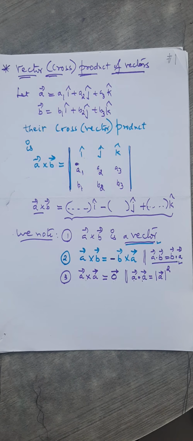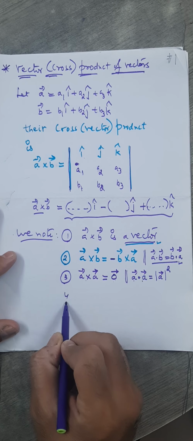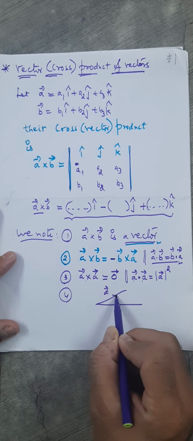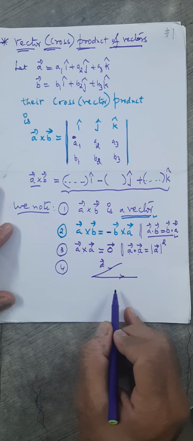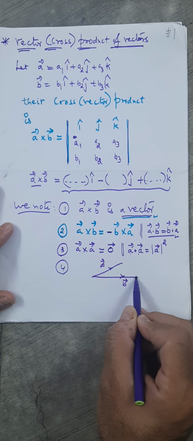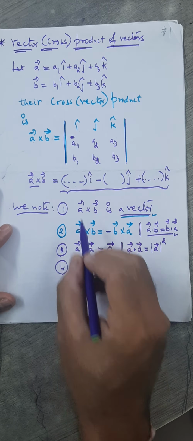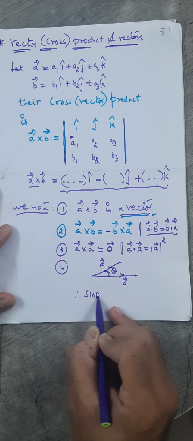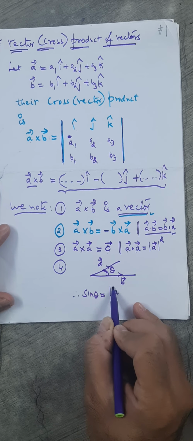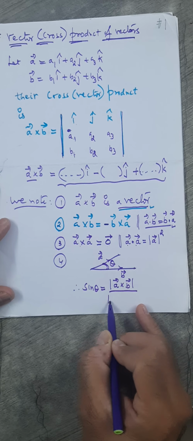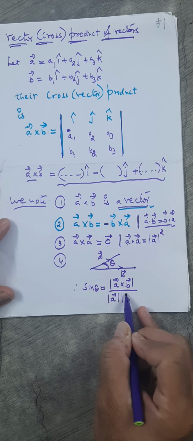So that's one thing. And here if I take theta as the angle between two vectors, for example, this is one vector A, this is the other vector B, then it can be shown that sine theta equals the magnitude of the cross product of these two vectors upon the individual magnitudes, remember.